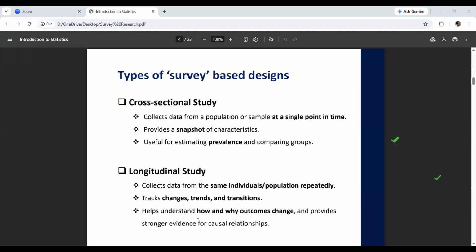But when you conduct a longitudinal study, the same participant is observed again and again, and you compute the unemployment rate, so you can compare that. The confidence interval will be smaller, and the difference will be more precise.